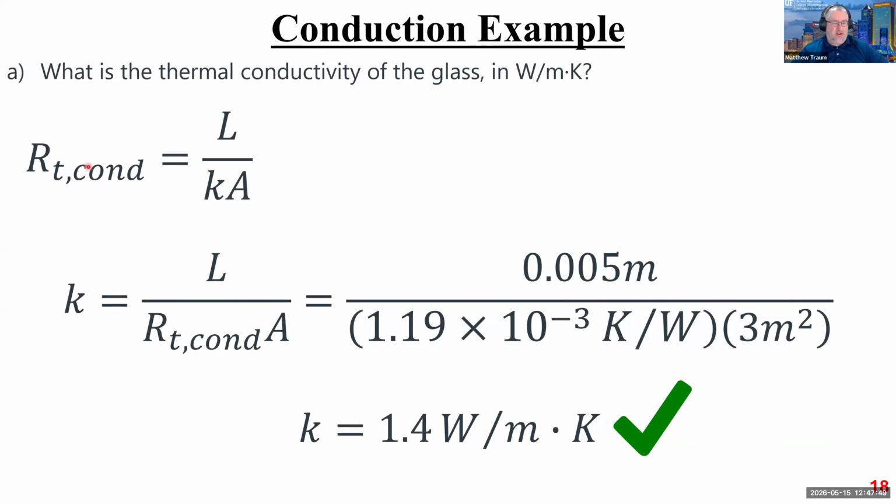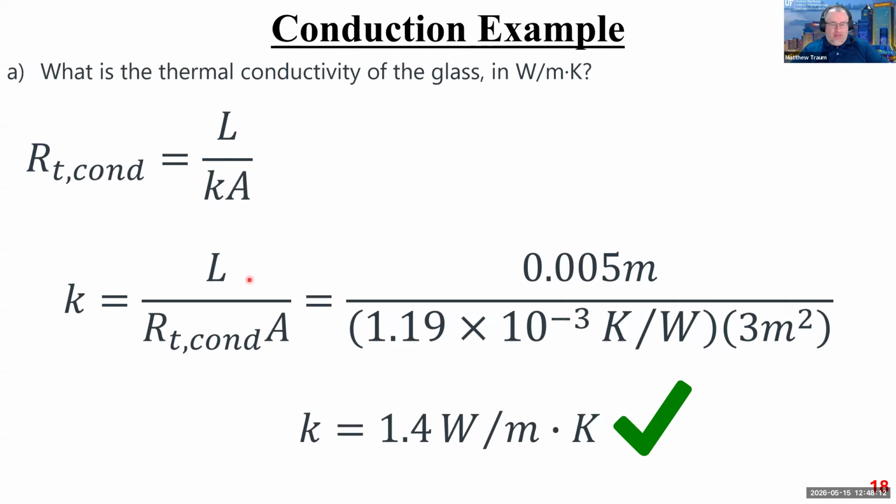So resistance is often used. The thermal resistance for conduction is just the thickness of the object divided by K times A, where K is the thermal conductivity and A is the cross-sectional area. Like I said, resistance and conductance are basically interchangeable. It's one over the other one.